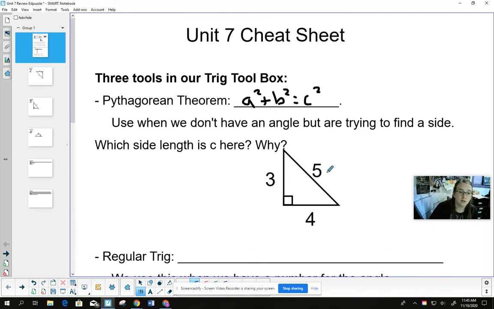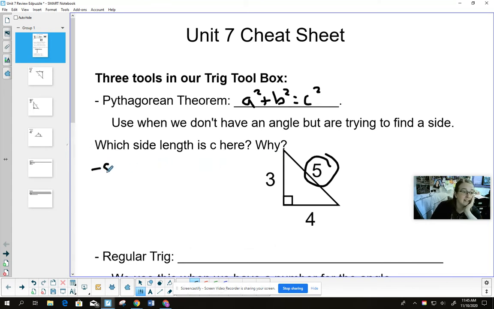So just a refresher here, we have to remember, though, which side ends up being C, because we don't just get to pick the numbers to put in. C is special. So in this triangle, which one would I plug in for C? That would be 5. Now there's 2 reasons why.